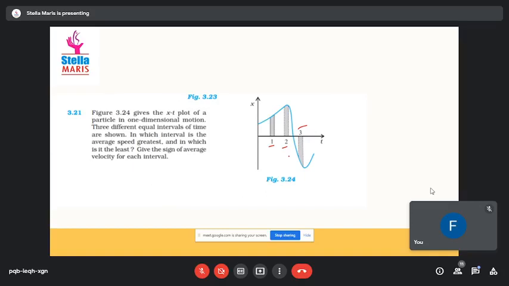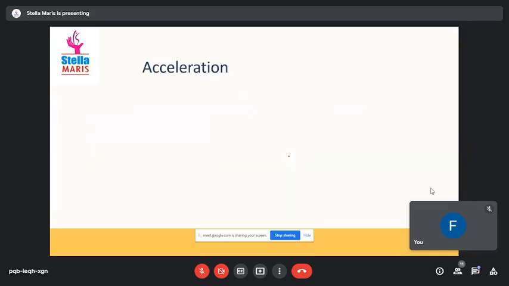Right. Okay. So the next concept we are going to see is acceleration. So acceleration, that is, the velocity of an object changes during its course of motion.